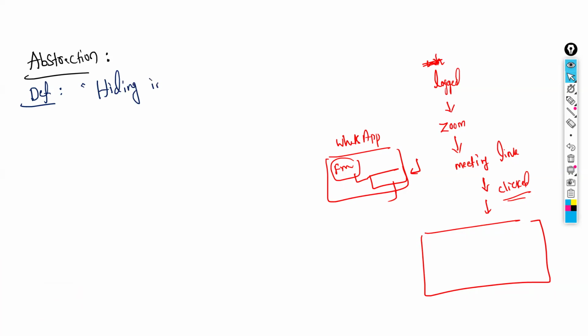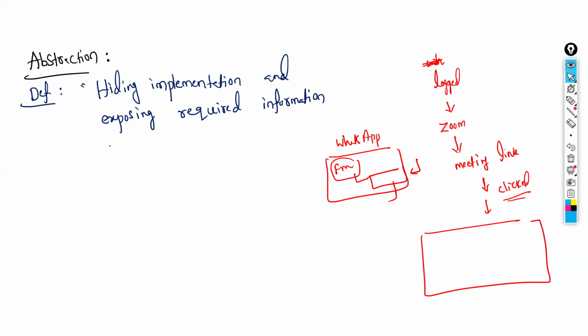Hiding implementation means how WhatsApp is sending the message, how Zoom is connecting the people, how a mobile is making calls and all. That is nothing but implementation. So hiding implementation and exposing required details only, required information, is called abstraction.